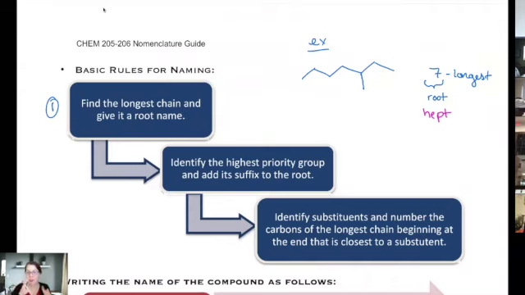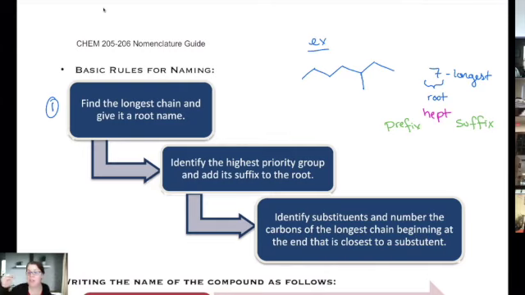So we're going to have 2 places that we're going to be adding things on to this root. We're going to have prefixes, and we're going to have suffixes. No, you did not go into English class today. All right. The prefixes are going to tell us about substituents. You guys remember what substituents are?